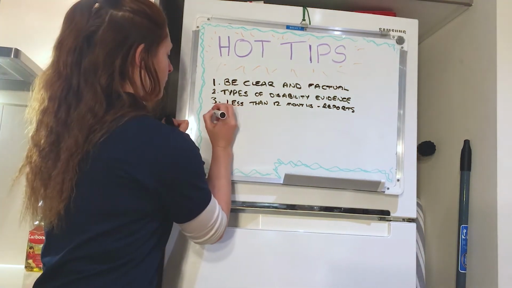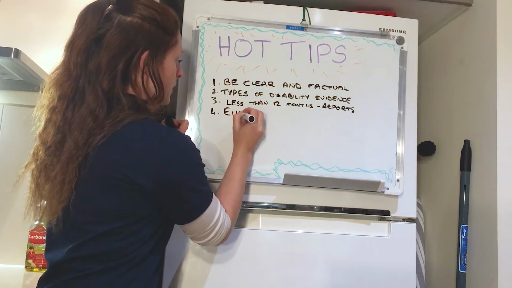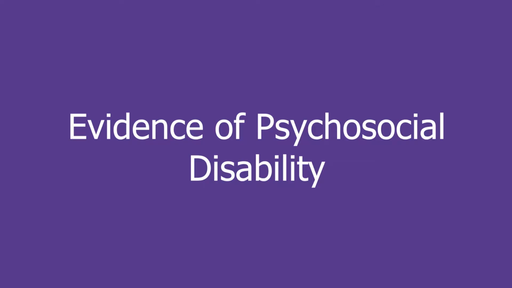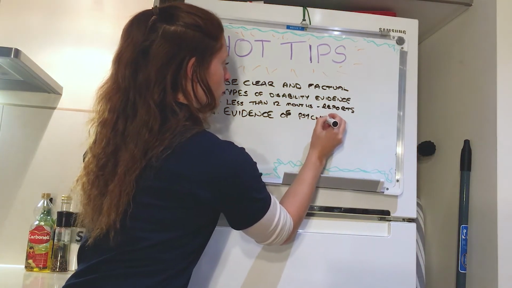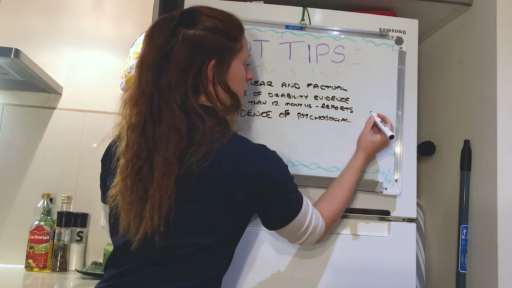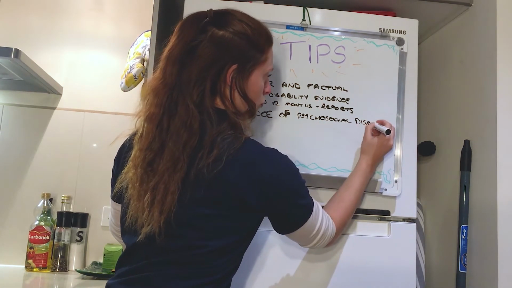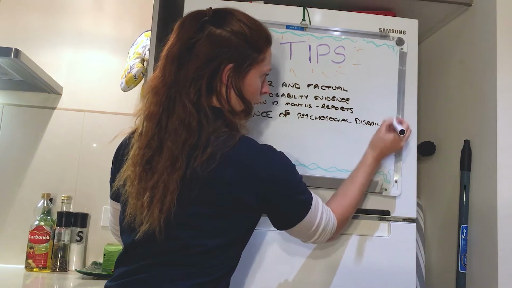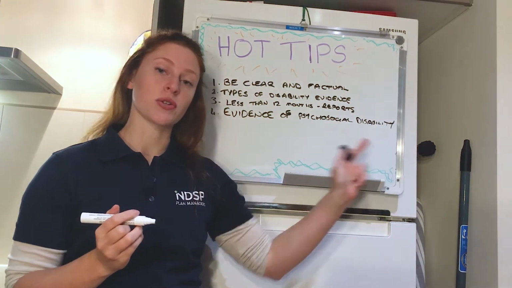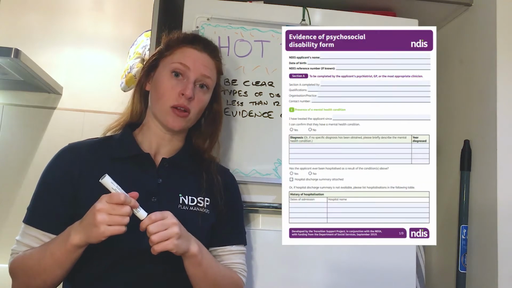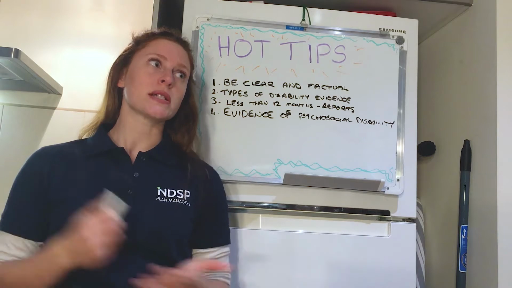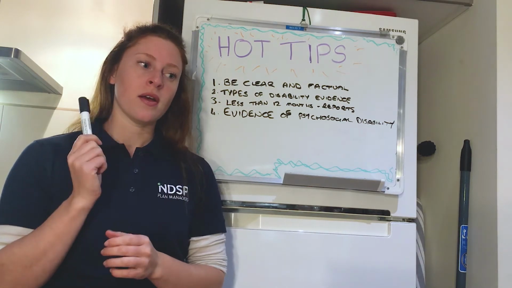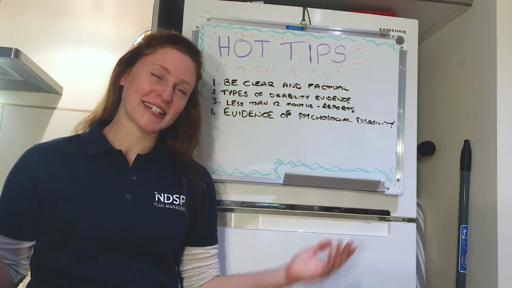This is the evidence of psychosocial disability form. This is quite a long form. You may think, oh, if I'm filling this in, why do I still need to do the access request form? You do, so definitely just do it.